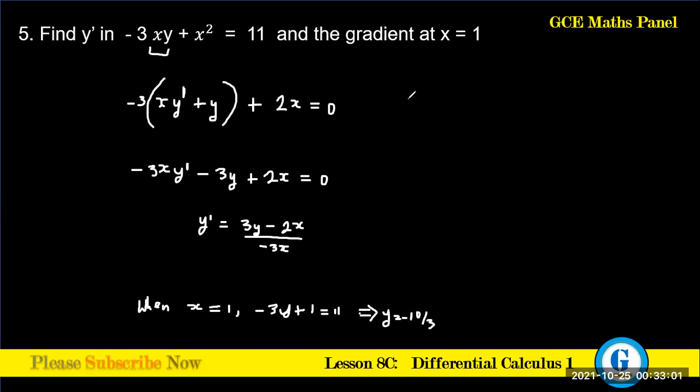So from here now we can look for y prime of 1, that is when x is equal to 1. This will be equal to 3 into y, which is minus 10 on 3, minus 2 into x, which is 1, all this on minus 3 into 1.